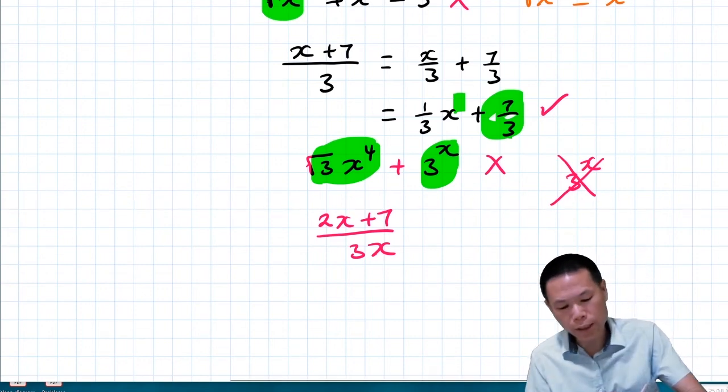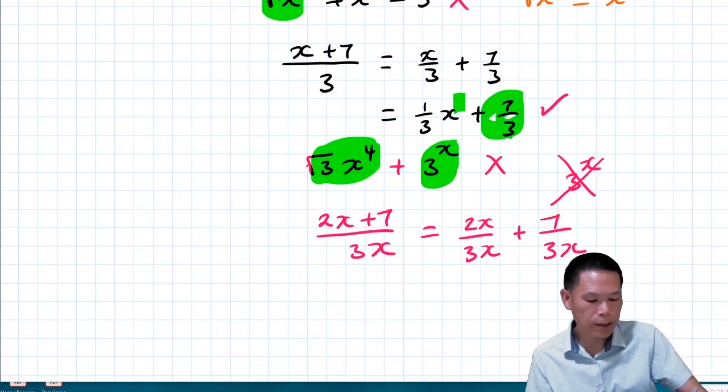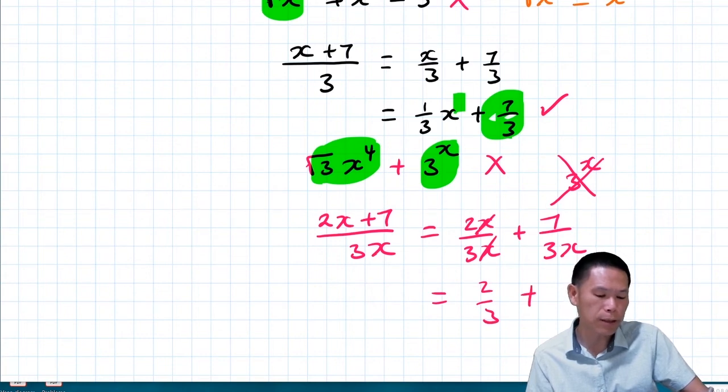No, that's right. It's not a polynomial, because if you think about it, you break this up. This is 2x over 3x plus 7 over 3x. So this cancels out, giving me 2 over 3, plus 7 over 3x. And down at the bottom, if you bring that up, it becomes x to the negative 1.